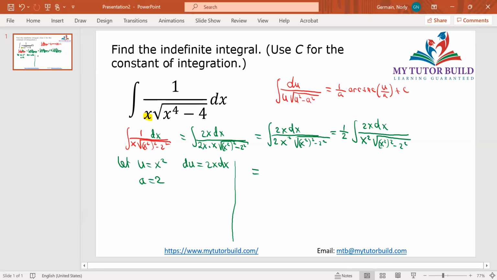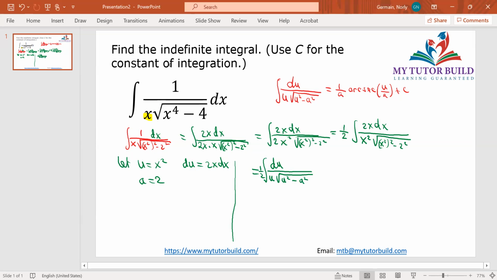We still have our 1/2 outside, 2x dx we call du. Now x squared is u, square root of x squared power 2, so it's u power 2 minus 2 squared, which is like a squared.